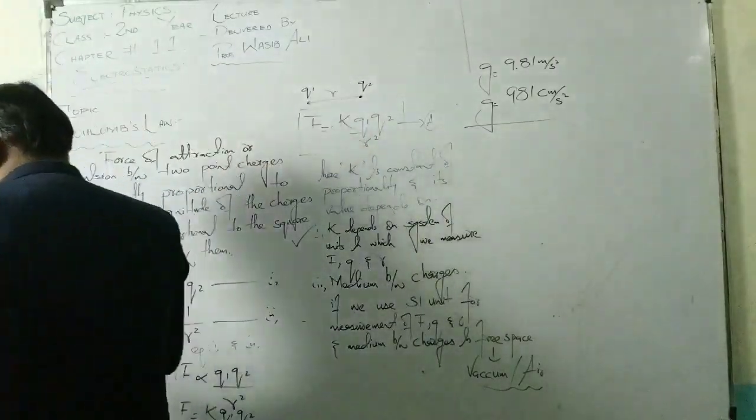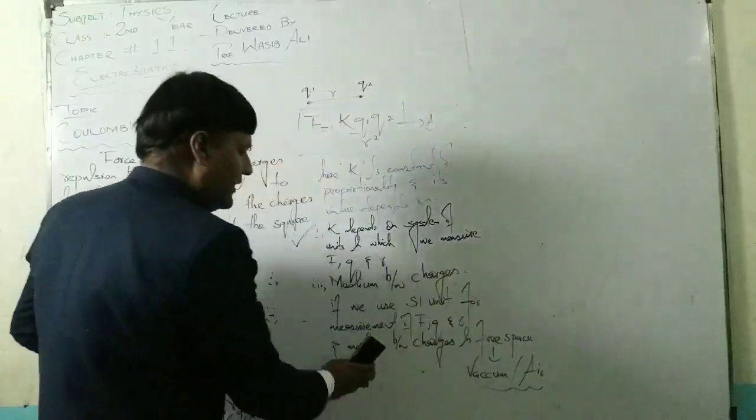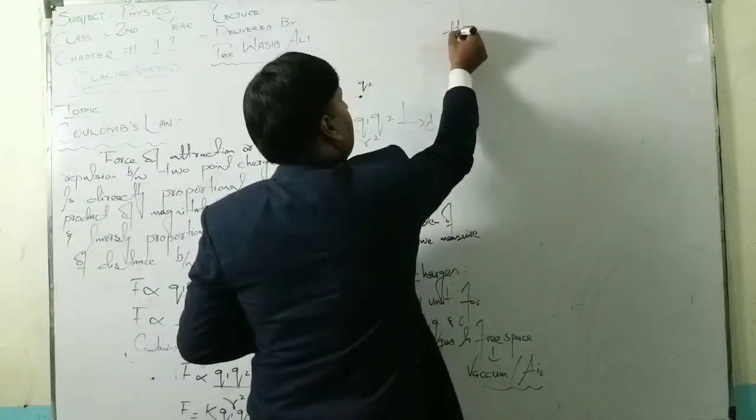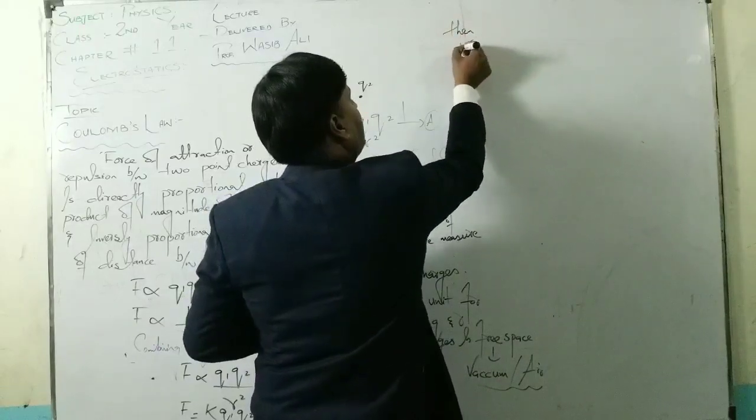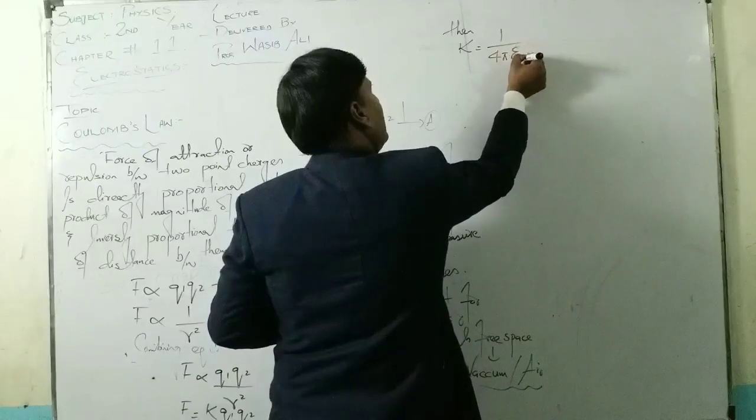then the value of k under these two conditions will be equal to 1 over 4 pi epsilon naught.